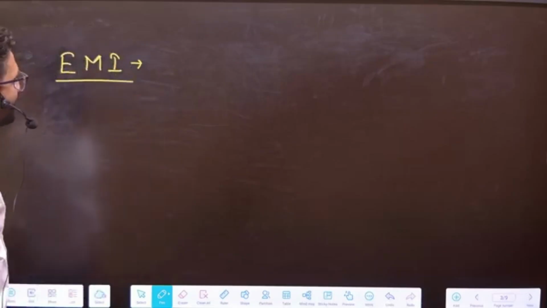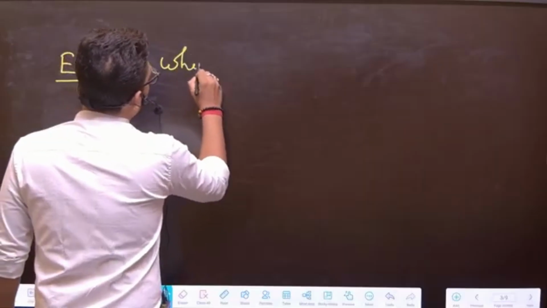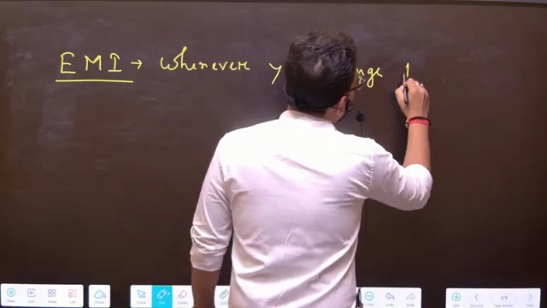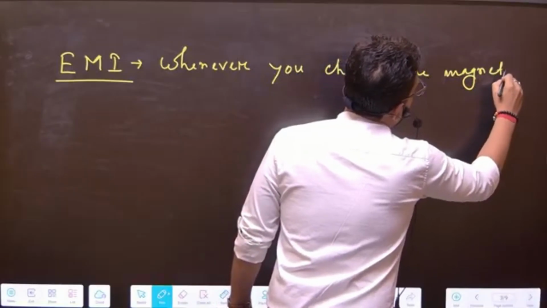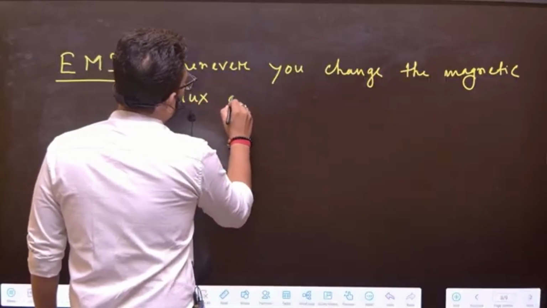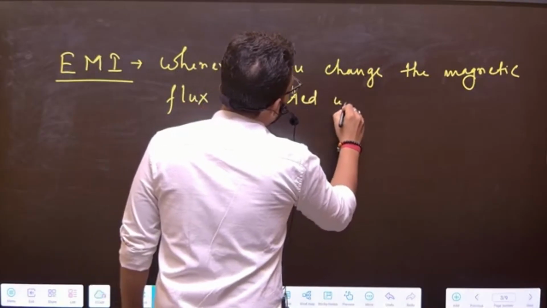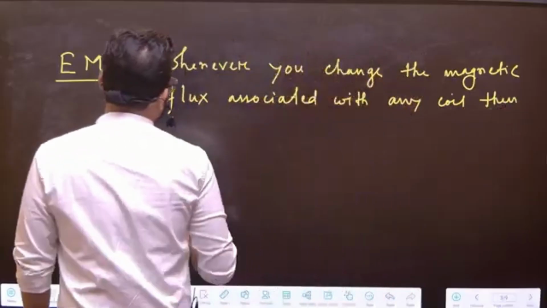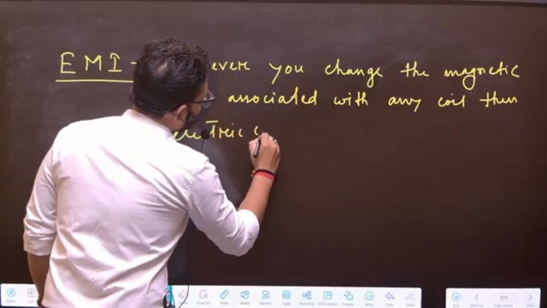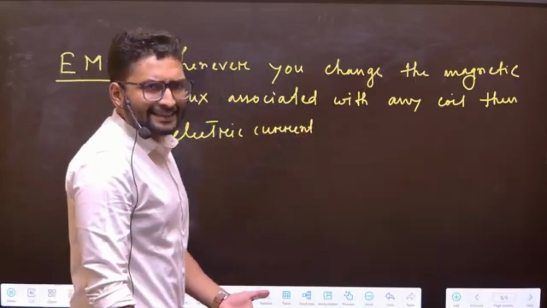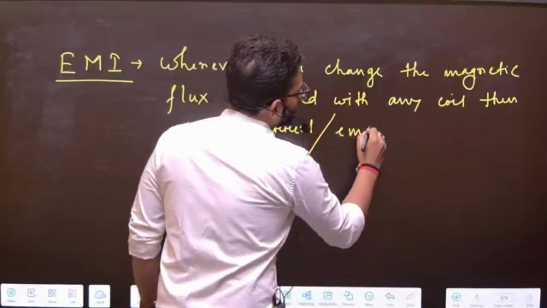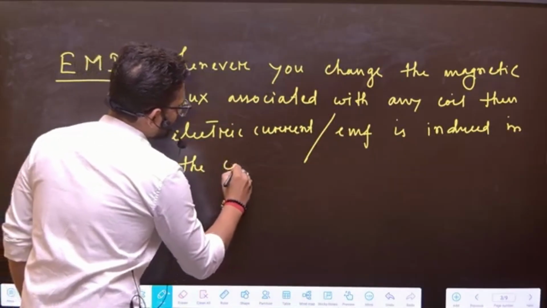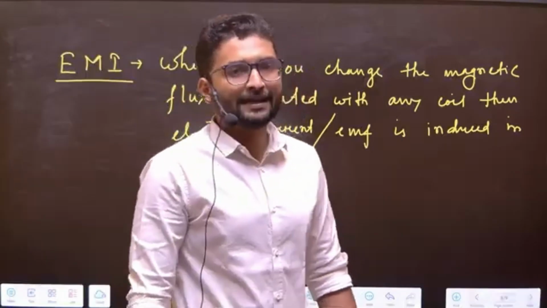So EMI or electromagnetic induction basically says that whenever you change the magnetic flux associated with any coil, then electric current, and if there is electric current, of course there will be voltage, we call it EMF, is induced in the coil. So that's what the definition of electromagnetic induction is.